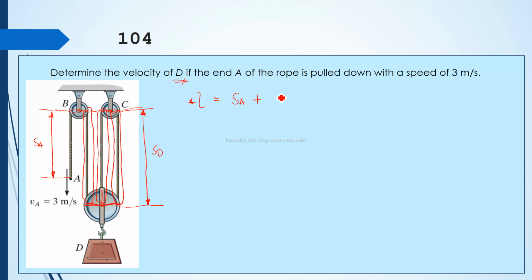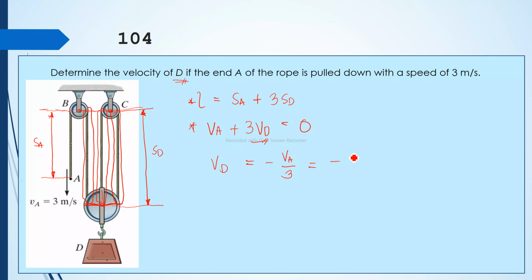So that is just equal to SD, or 3SD. We differentiate that with respect to time, and we will have velocity of A plus 3 times velocity of D is equal to 0. And since we're asked to find the velocity of D, then the velocity of D is equal to negative velocity of A over 3.